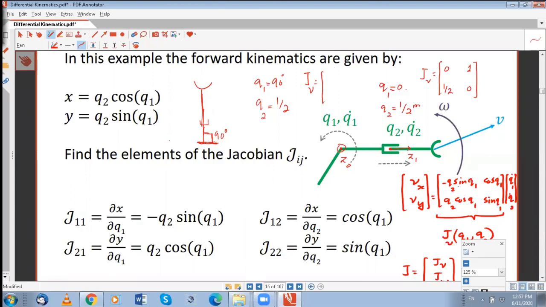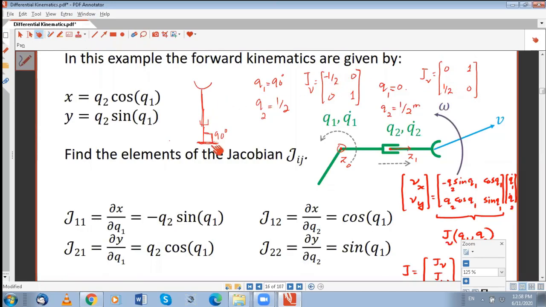Sine of 90 is 1, so you will get minus 1 over 2. And cos of q1, cos of 90 is 0. And q2 cos of q1, cos of 90 is 0. And sine of q1, sine of 90 is 0. So now you will observe that the Jacobian matrix changes. The values change. Here it was 0, 1, 1 over 2, 0. Now it is minus 1 over 2.